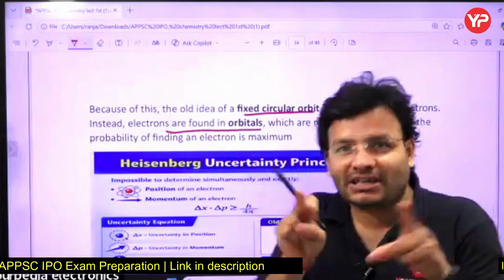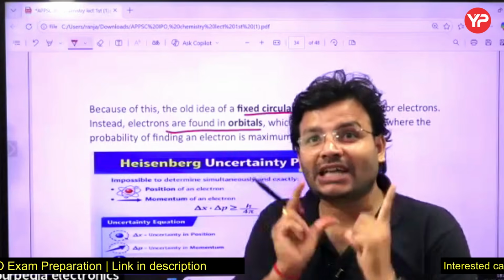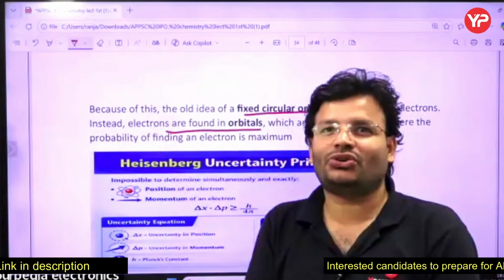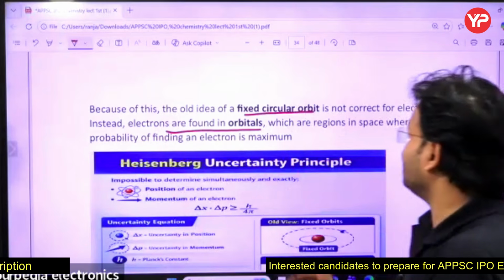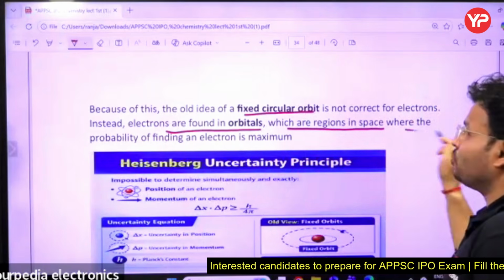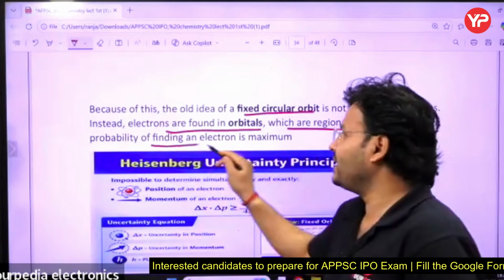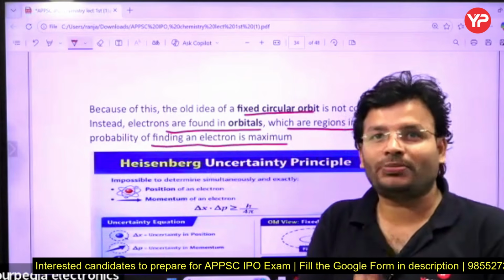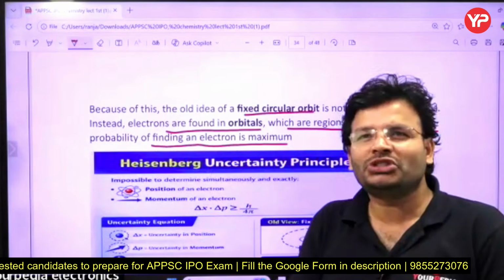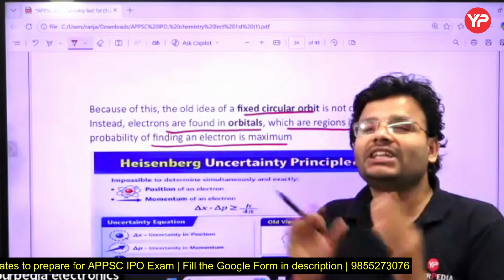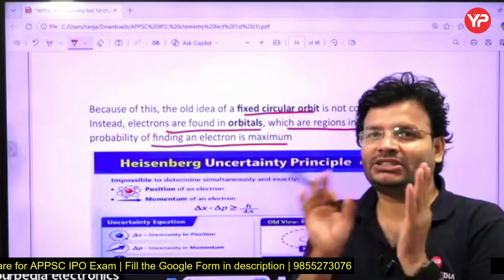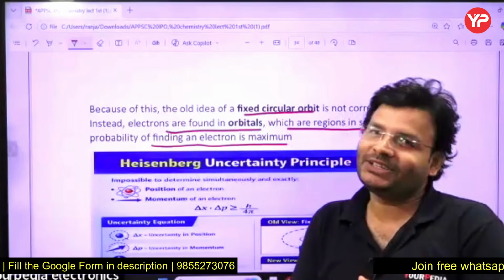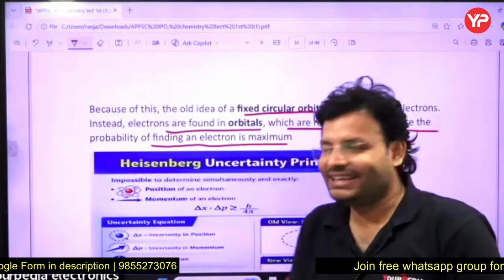An orbital is the region in space where the probability of finding an electron is maximum, and there the momentum will be less.